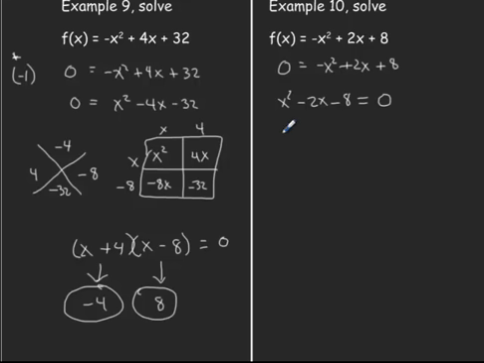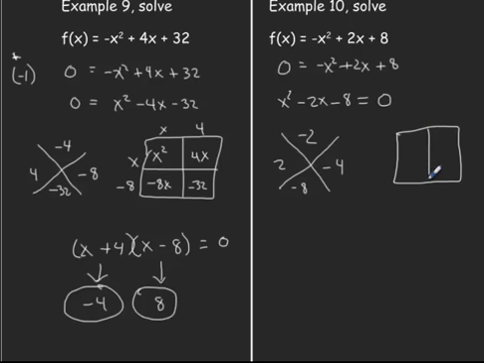Alright. AC is negative 8. B is negative 2. 4 times 2. Multiply to be negative. When I add, I get a negative. So negative 4 plus 2 is negative 2. X squared here.